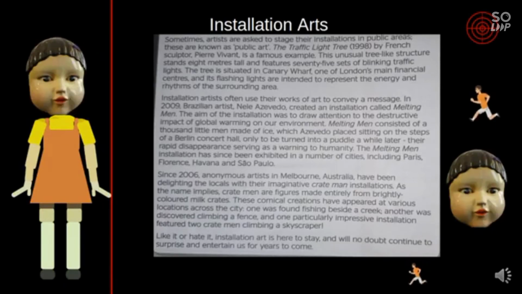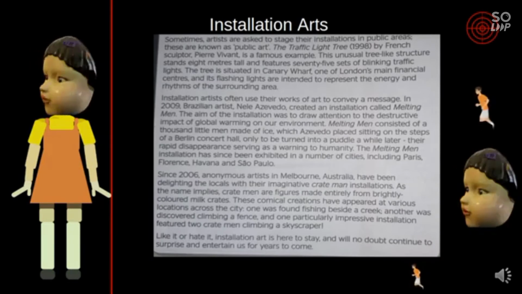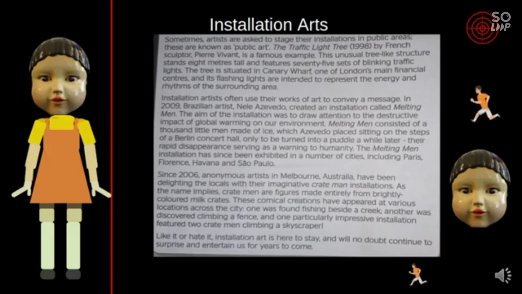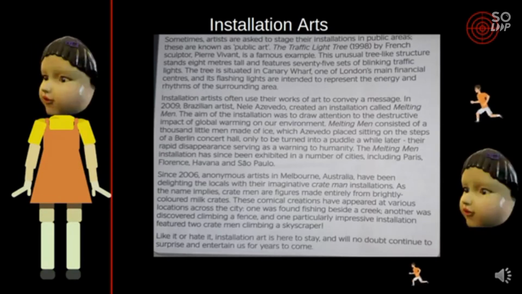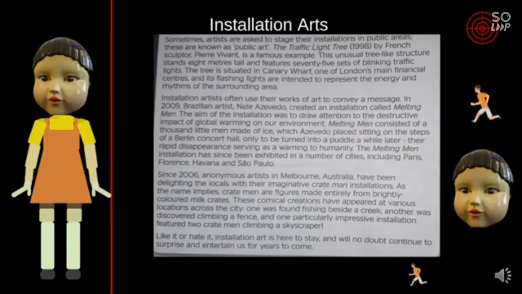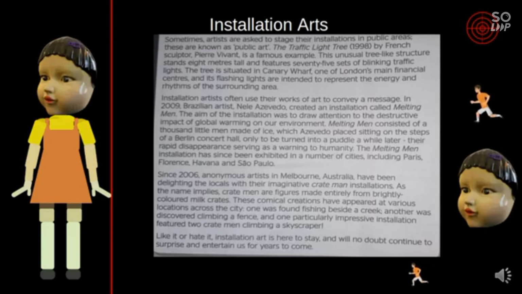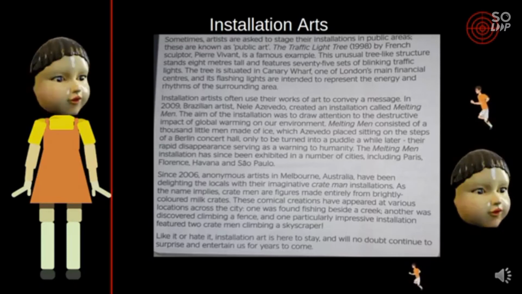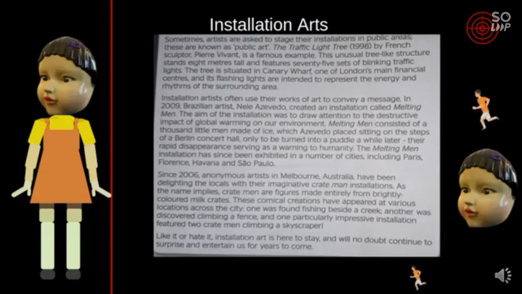Melting Men consisted of 1,000 small men made of ice, which Azevedo placed sitting on the steps of a Berlin concert hall, only to be turned into puddles a while later, their rapid disappearance serving as a warning to humanity. The Melting Men installation has since been exhibited in a number of cities, including Paris, Florence, Havana, and Sao Paulo.